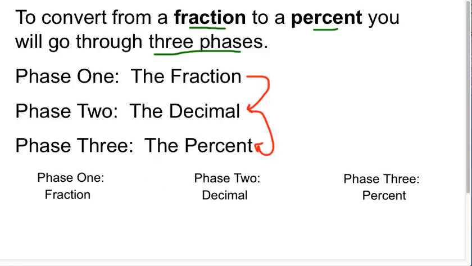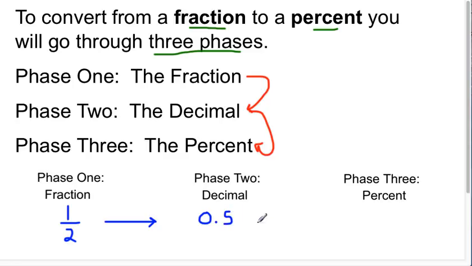I'm going to give you an example using a very simple, very common fraction that we all are used to working with, and that would be 1/2. We want to take this fraction 1/2 and turn it into a decimal. Most of us know that 1/2 is going to be 5/10.